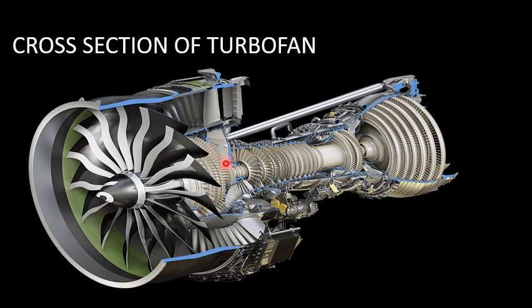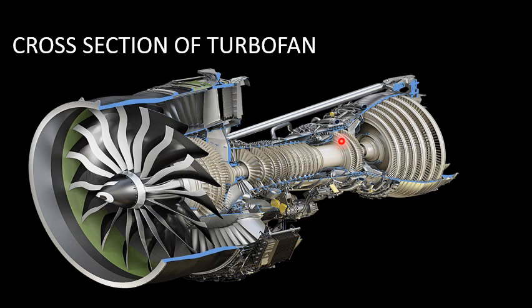In the engine core, this component is called a compressor. There are a series of compressors. This compressor is called a low pressure compressor, and these are called a high pressure compressor. And after that, we have the combustion chamber, where the combustion of the hot air actually takes place.